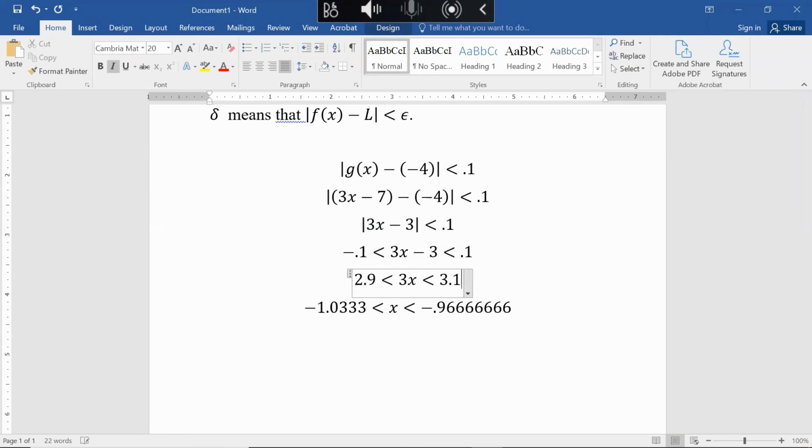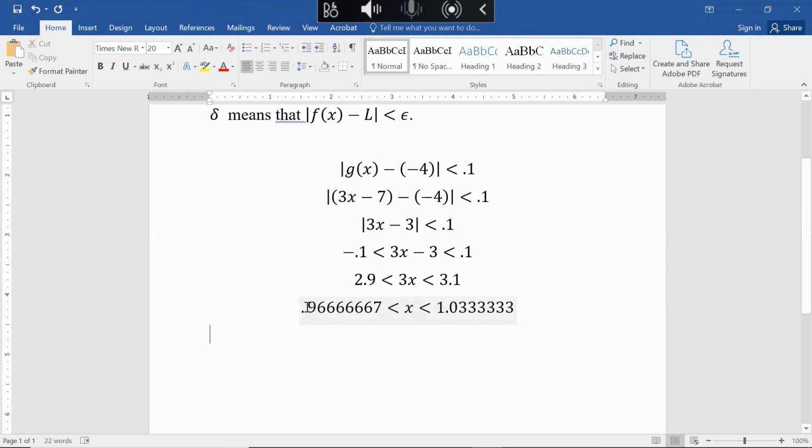So we end up with 2.9 on that side, 3.1 on that side. We're still going to divide by 3. If you take 2.9 and divide that by 3, you get 0.9, lots of sixes. And if you take 3.1 and divide it by 3, you end up with 1.0, lots of 3s.